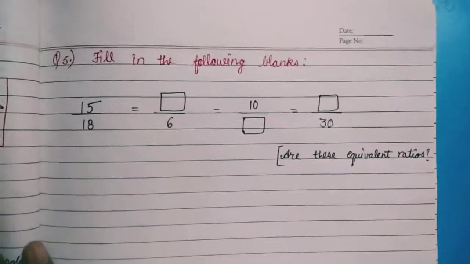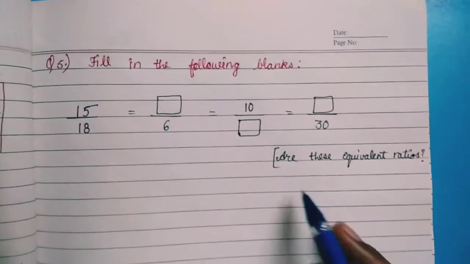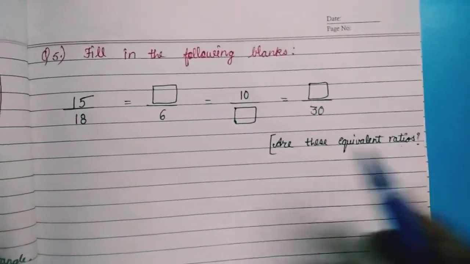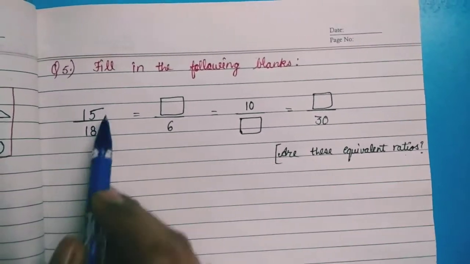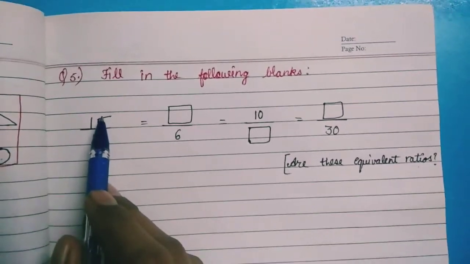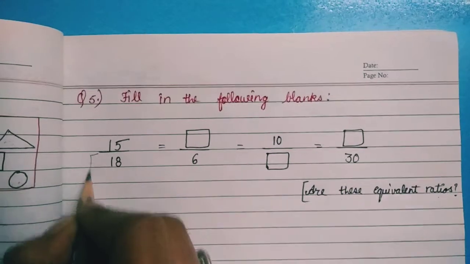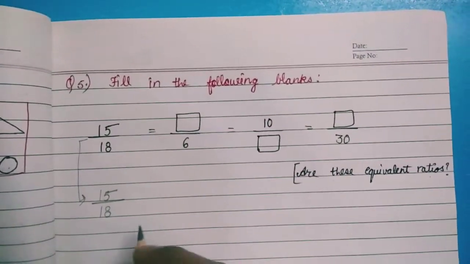Question number 5 is filling the following blanks. And the letter we have to answer is, are these equivalent ratios? The first one is 15 by 18. You can simply see this is not the simplest form. So firstly we will convert this 15 by 18 into the smallest form.